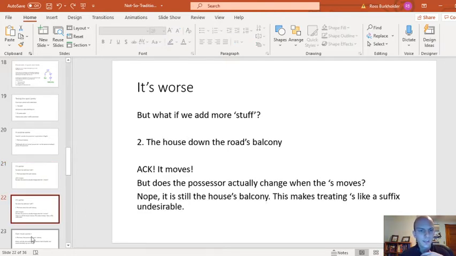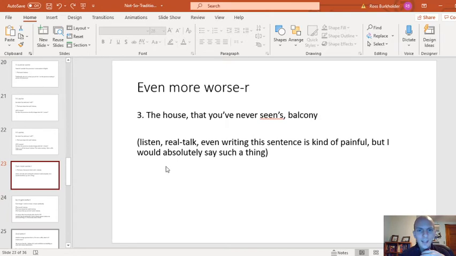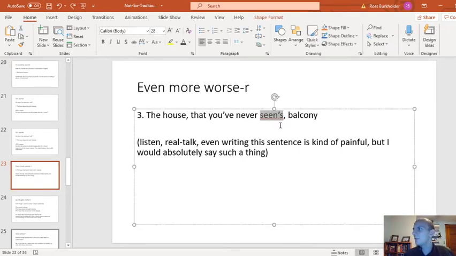We get sentences like this: the house that you've never seen's balcony. Writing the sentence is a little bit painful. I wrote it so even you can see the red squigglies. Microsoft PowerPoint doesn't like this sentence, but it's something that I would absolutely say.